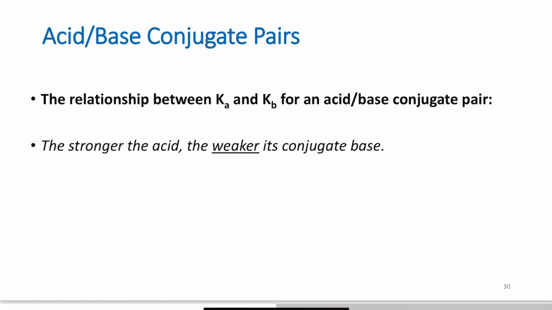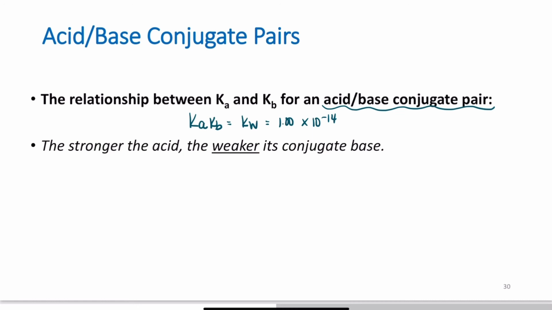What we're going to find is this relationship between Ka and Kb for any acid-base conjugate pair specifically: Ka times Kb is equal to Kw. And of course, we know Kw equals 1 times 10 to the minus 14. The stronger the acid, the weaker its conjugate base. Strong acids are strong because their conjugate base is stable.